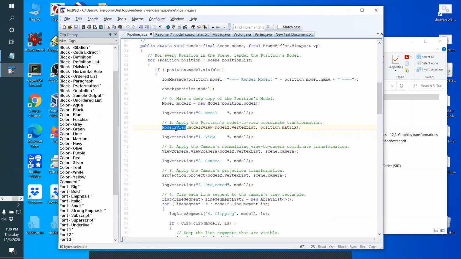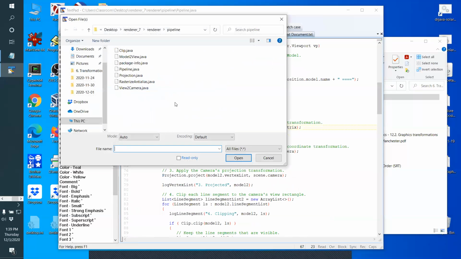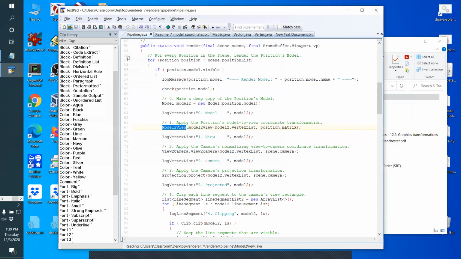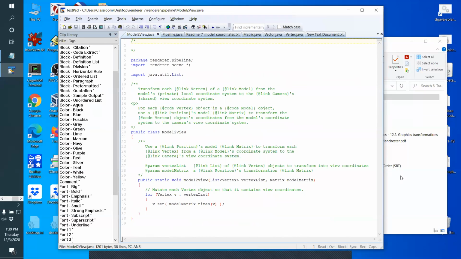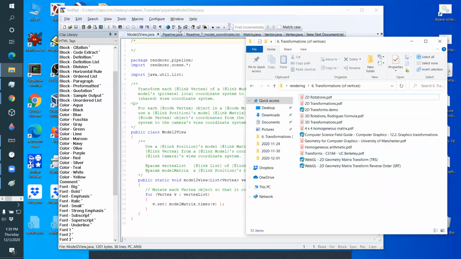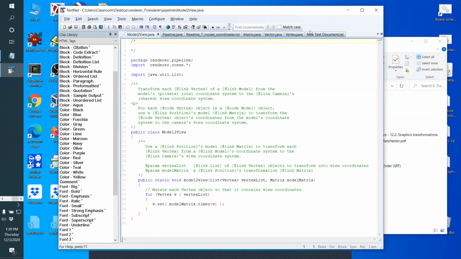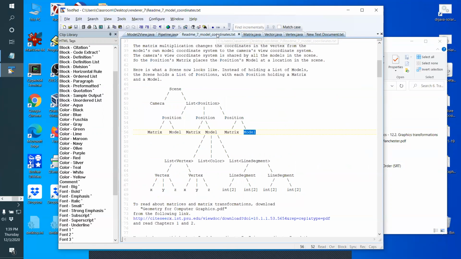This is the model to view pipeline stage. The way to think about it is, the model, all its vertices are relative to its origin, to its center.